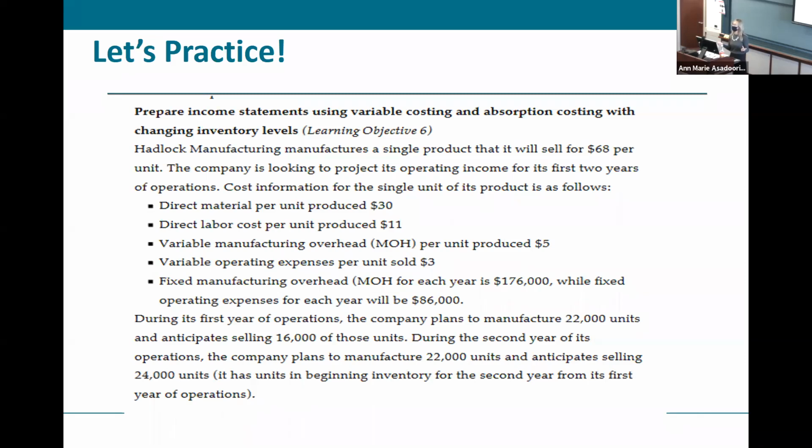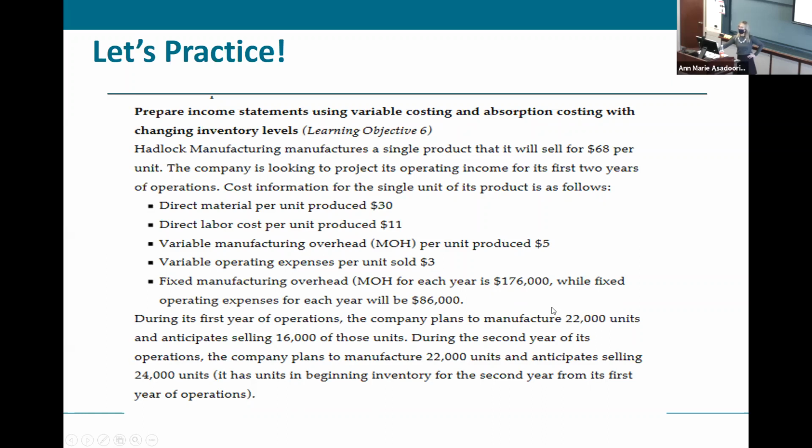It's going to be higher under absorption costing. Exactly. If I'm making 22 and selling 16, that means I'm going to have 6,000 units that weren't sold. And I know I'm taking this $176,000 in fixed overhead and I'm spreading it out over all of the units I produced, because in my accounting system, I'm valuing my inventory at the cost of making or producing it.